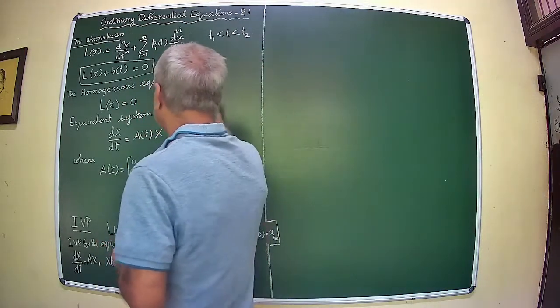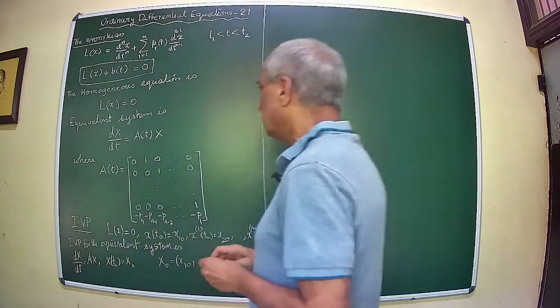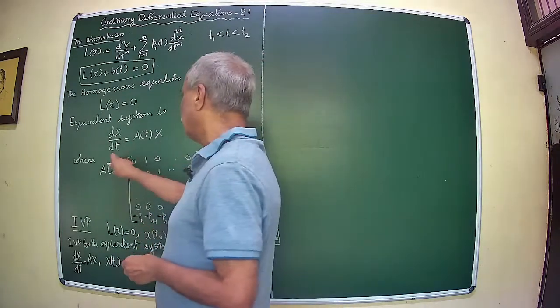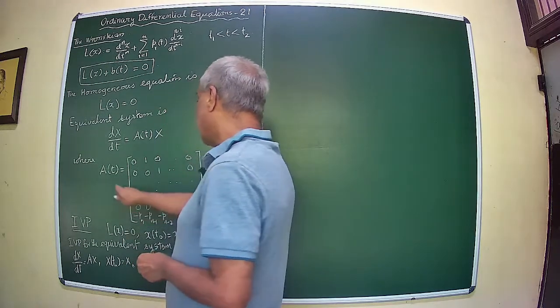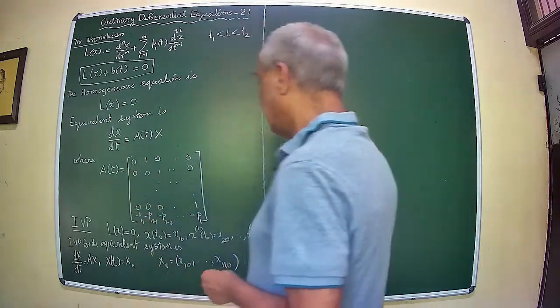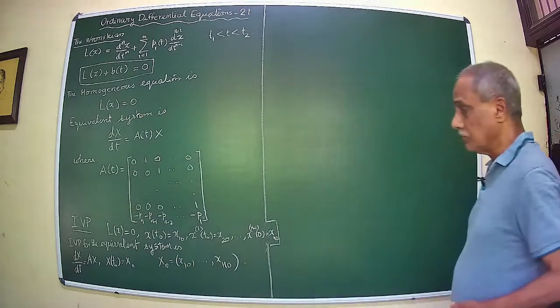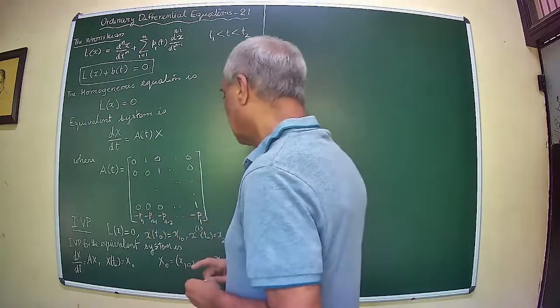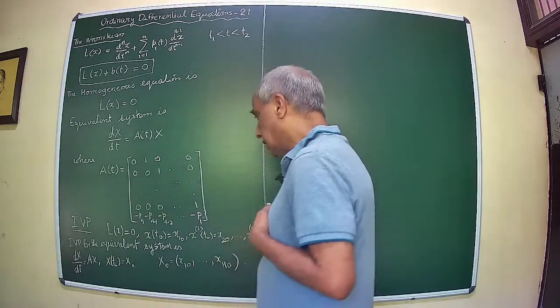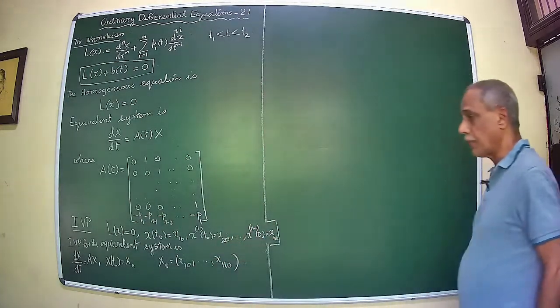The homogeneous equation is Lx equal to 0. The equivalent system that you have is dx by dt equal to Atx, where At is given by the n by n matrix, which is constructed using the coefficient functions.